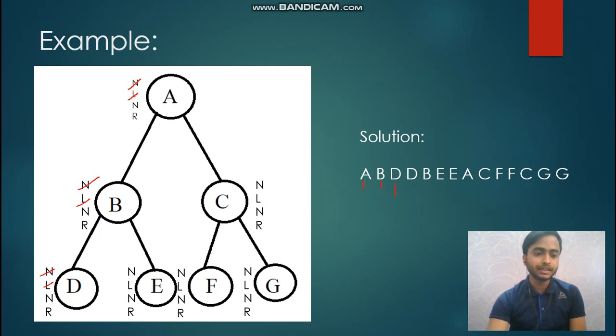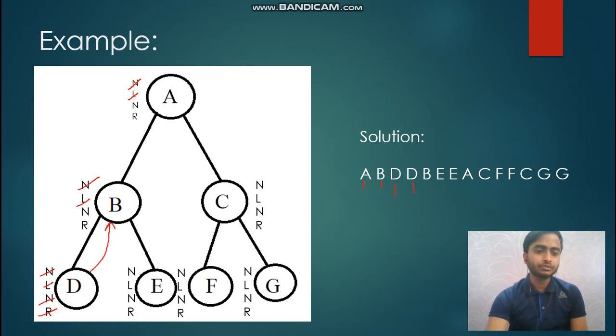Now since D has no left subtree, we simply ignore this step and move on to the next step, that is N. Next step is N, print D. D is printed. Last step is R, again to traverse the right subtree. Since D has no right subtree, we simply ignore it. Now that the steps of the algorithm are complete, we trace back to the previous node B.